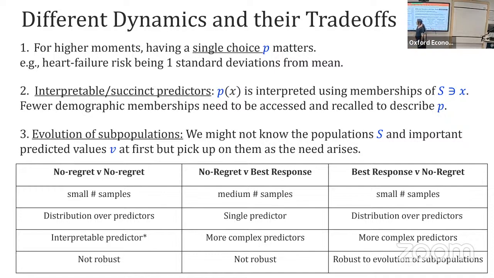What is typically meant is that when you look at P, it is interpreted using some kind of membership, okay? So anybody who is an X, I'm going to think about what sets S it belongs to, because X is huge. If I want to implement my predictor, I cannot really write it down for each X.